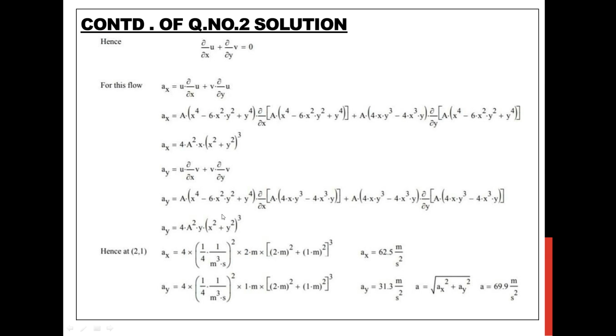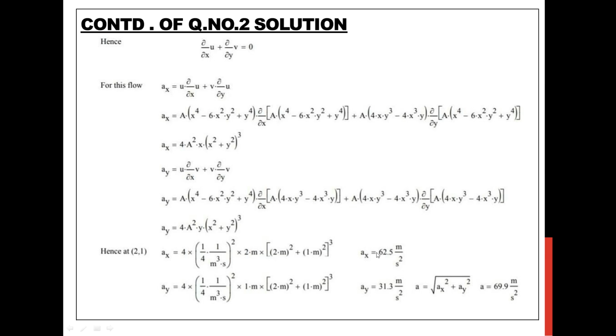Now putting the values at 2, 1, that is x equal to 2 and y equal to 1, we get acceleration in the x direction equal to 4 into 1 by 4, where a equal to 0.25, which is 1 by 4, whole square, times 2 into 2 meter square plus 1 meter square, that is x square plus y square whole cube.